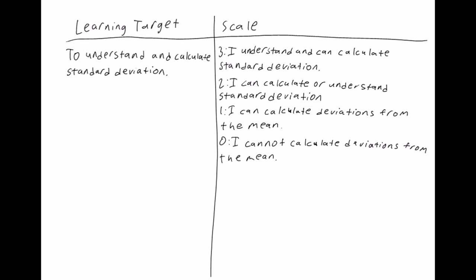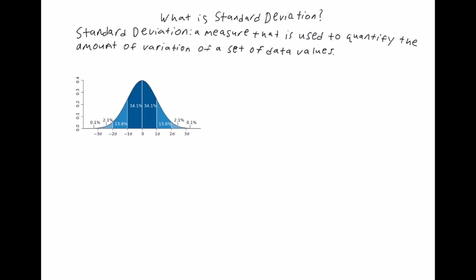Let's get started. Alright, so before we go into calculating standard deviation, let's understand what it is. So, what is standard deviation? Standard deviation is a measure that is used to quantify the amount of variation of a set of data values.